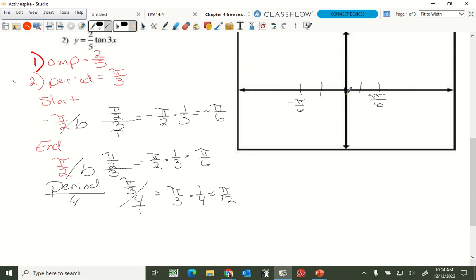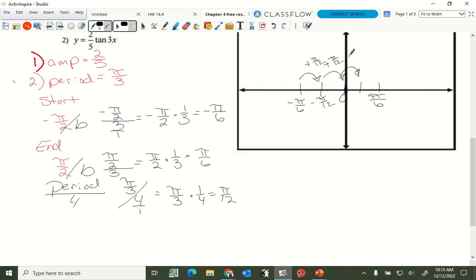So from here, negative pi over 6 plus pi over 12 is going to give me a negative pi over 12. Add it again. Plus pi over 12 is going to give me 0.